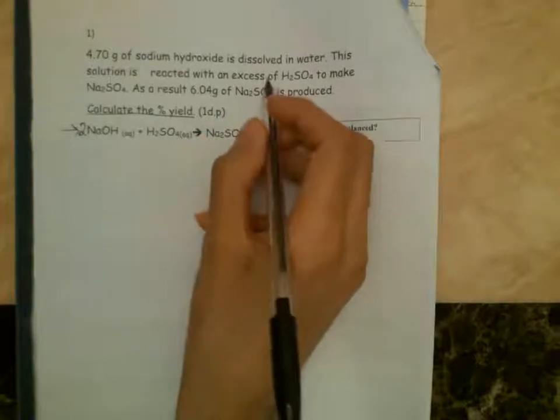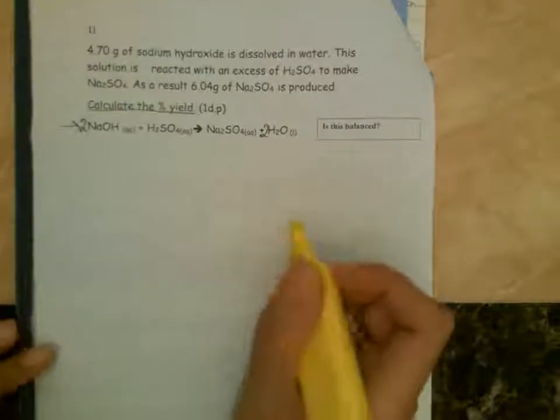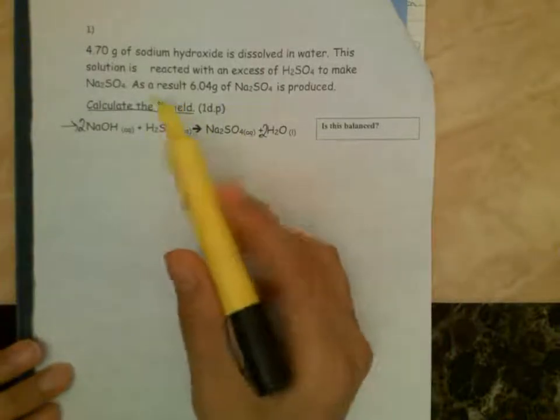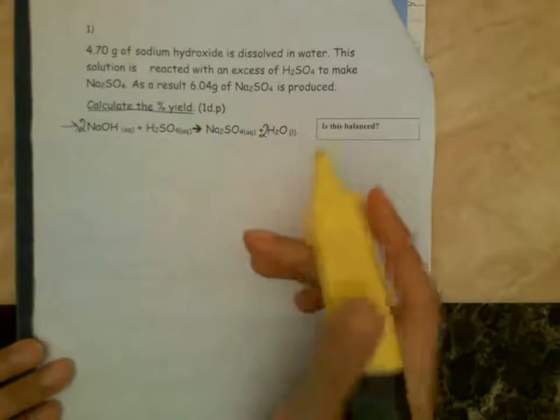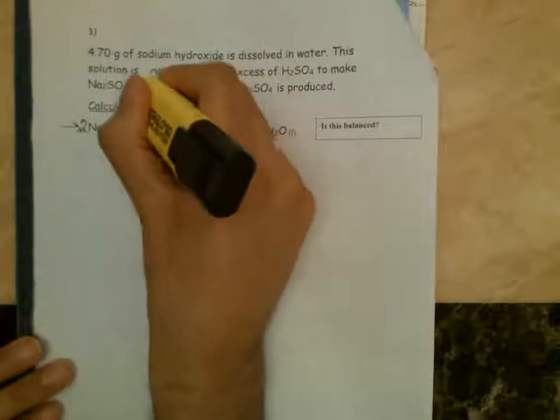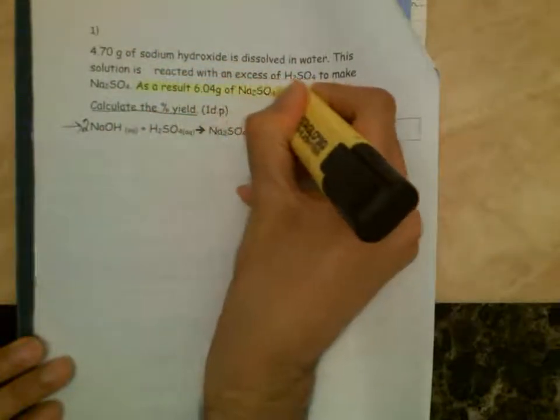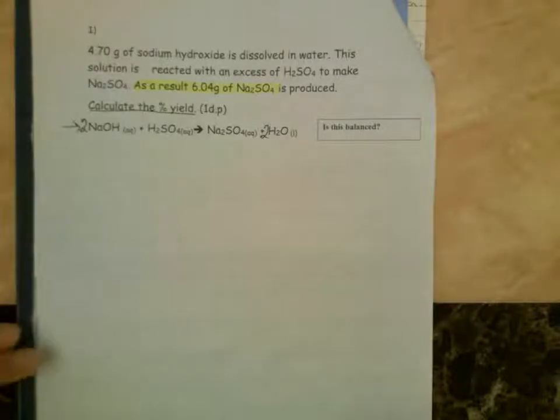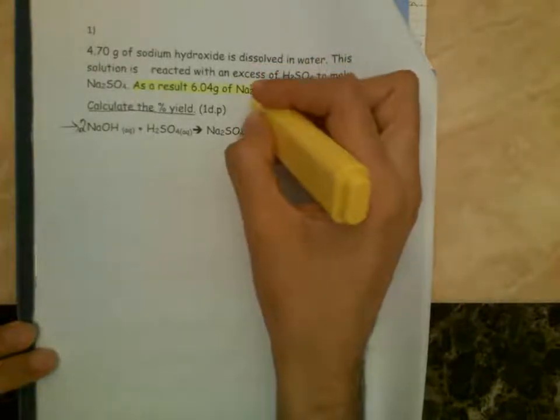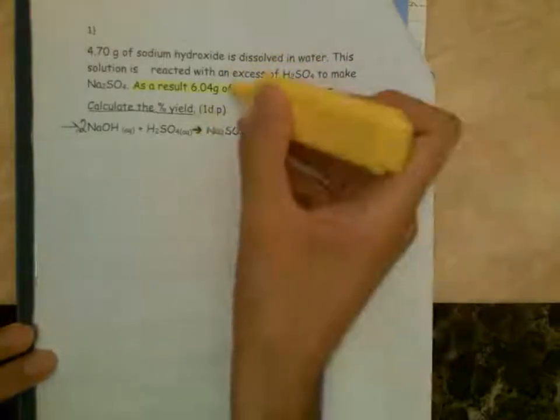Now, you might be thinking to yourself, well, what do we use? We've been given a lot of masses. So what do we actually use as our theoretical amount, and what do we actually calculate for? In this case, it's been stated that this many grams of sodium sulfate were formed, so we need to calculate our percentage yield using this.